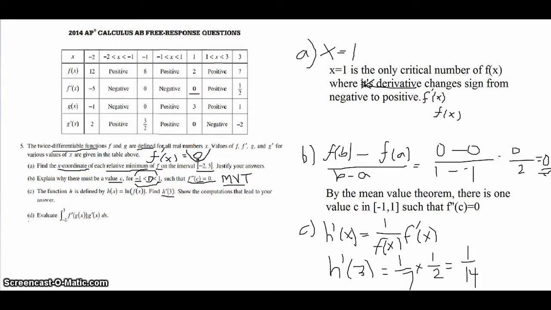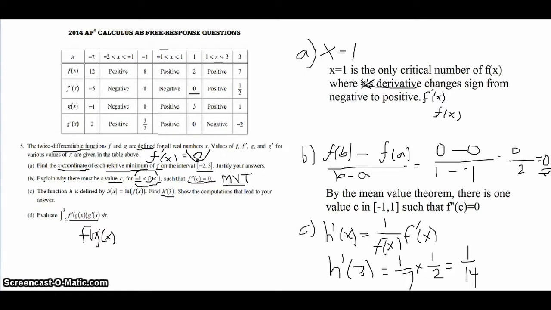Okay, so part D asks us to evaluate the definite integral from -2 to 3 of f prime of g of x times g prime of x dx. And in order to evaluate this integral, we would need to use the fundamental theorem of calculus, which asks us to find the antiderivative. Now, you should be able to recognize that this is a chain rule, and the antiderivative of that would be f of g of x.